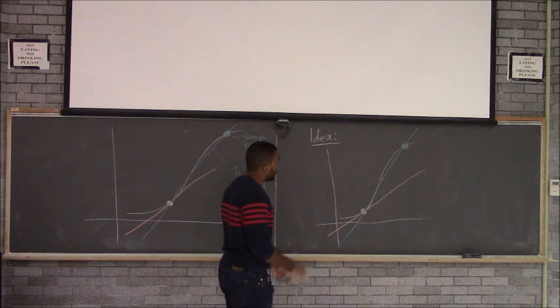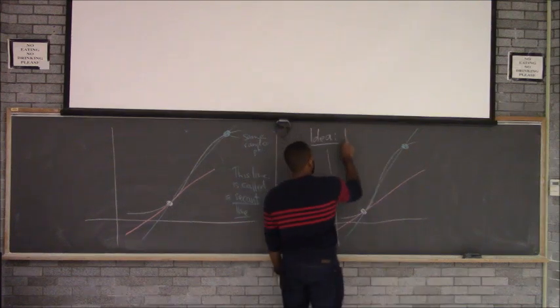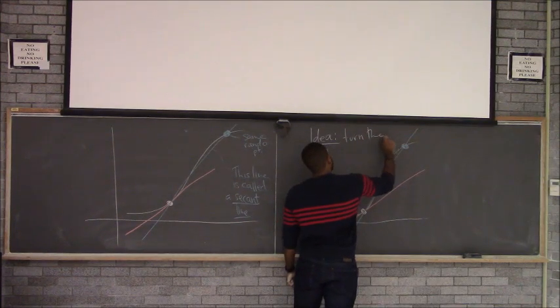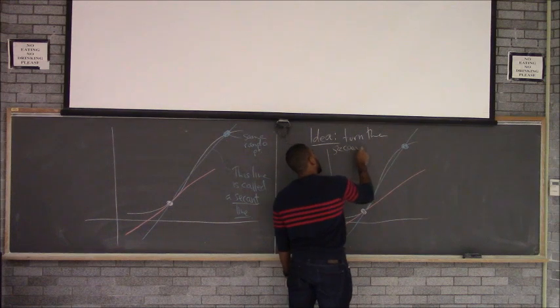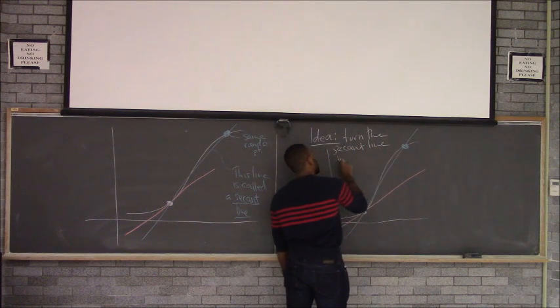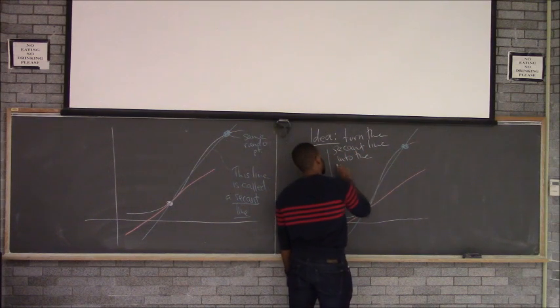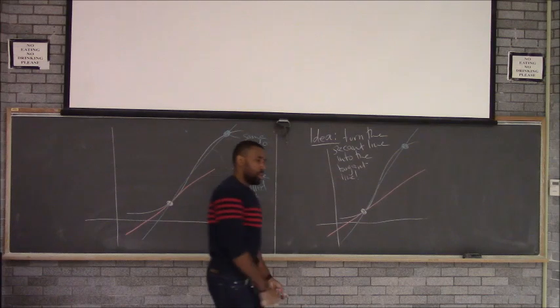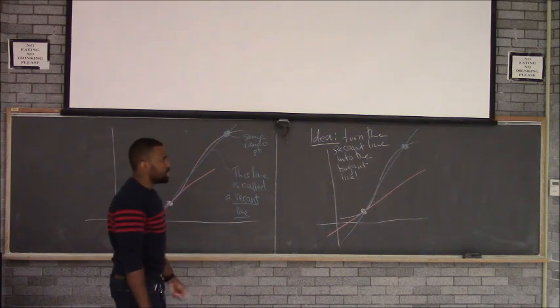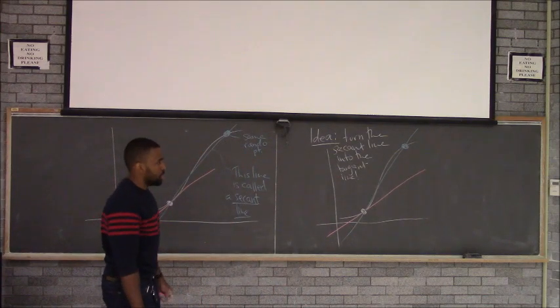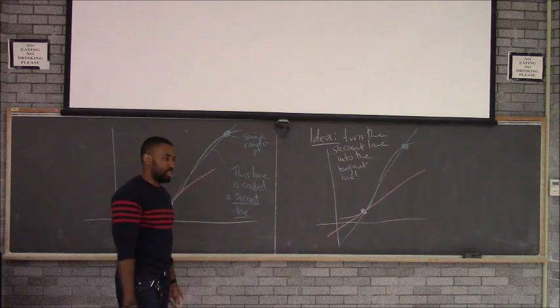So the idea is to do the following: turn the secant line into a tangent line. Well, how do I do that? Well, you just pick a random point, so I assume you're not married to that point.